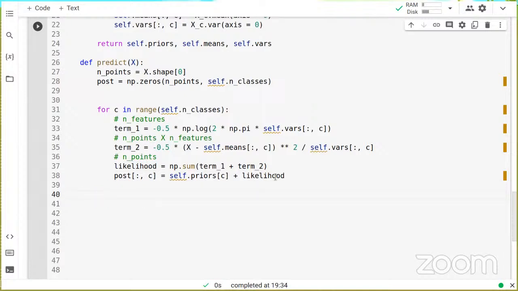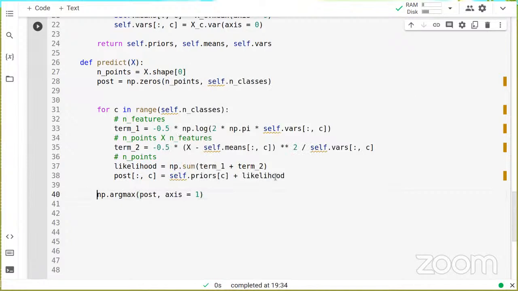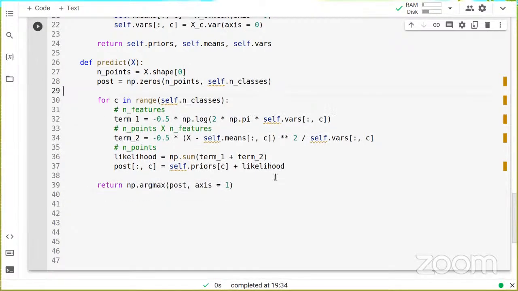Now I can do argmax over the posterior along the first axis, and that will be my predictions. Okay, I have done several things here. Now, is any of this confusing?